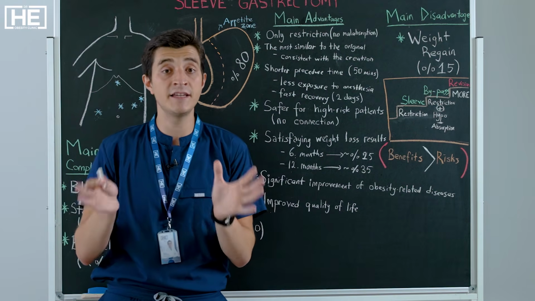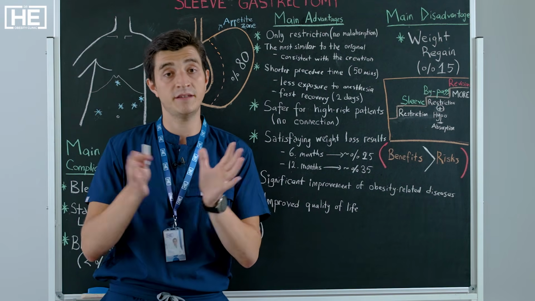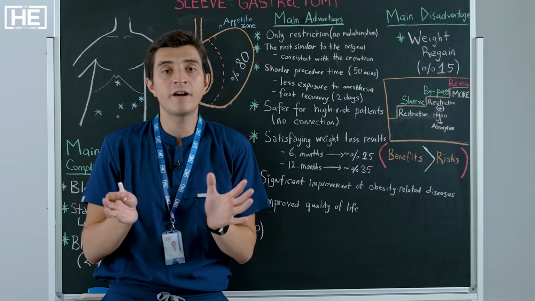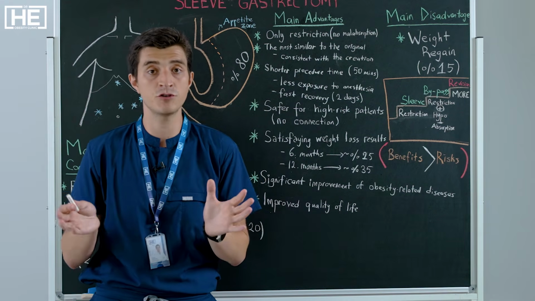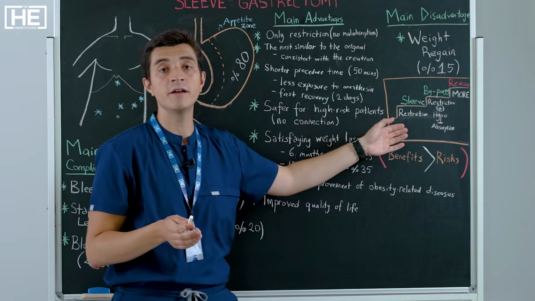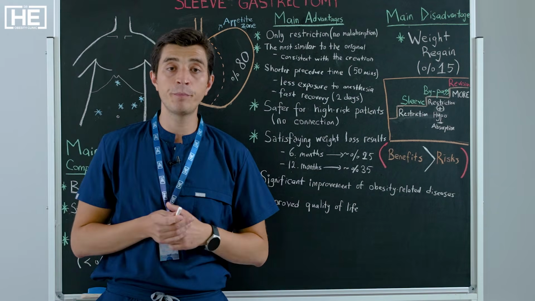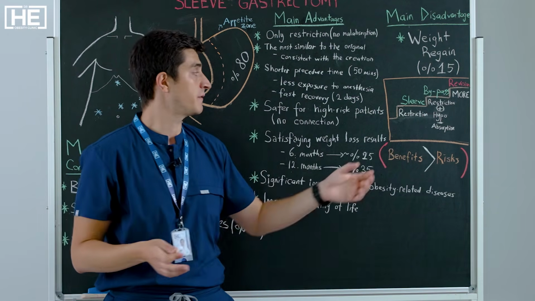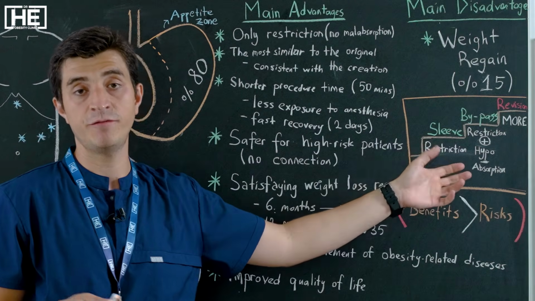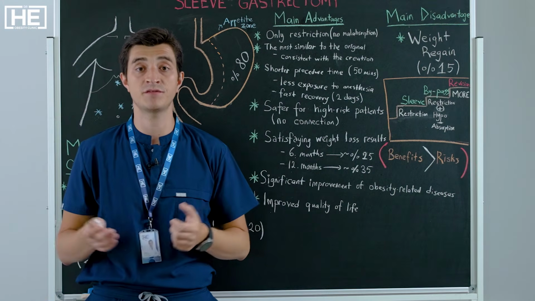And if you are eligible for bariatric surgery, we can start with gastric sleeve. In our opinion, we should start with the first step, gastric sleeve, if you have no reason to have the gastric bypass.